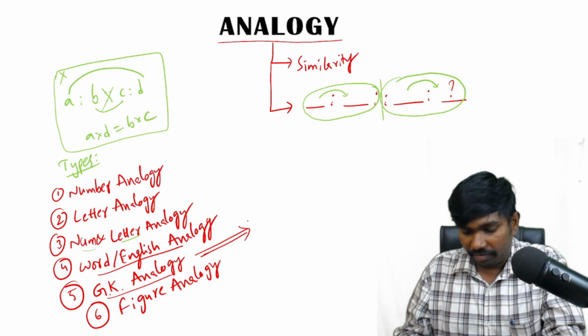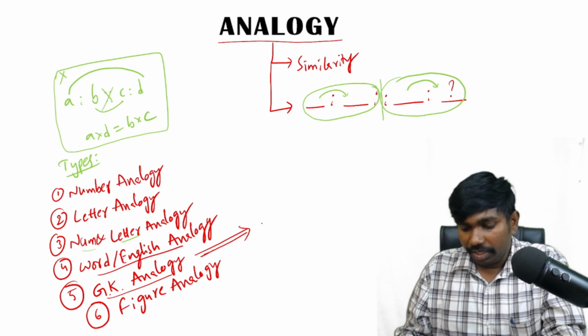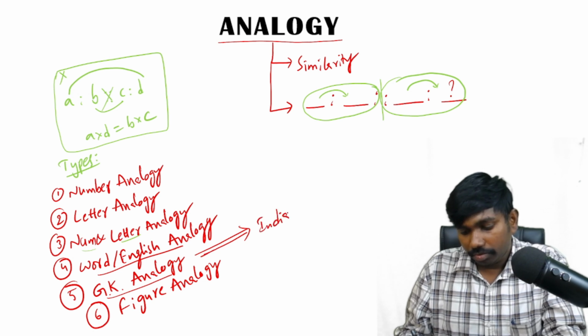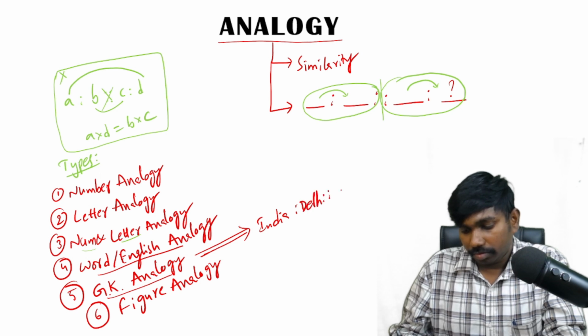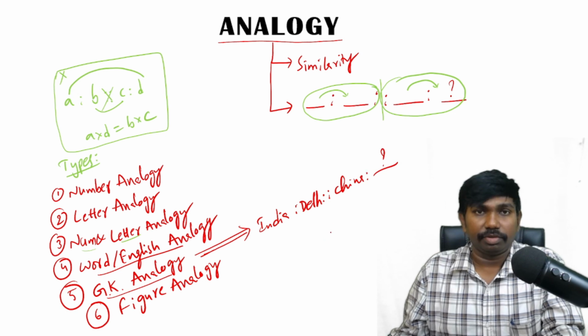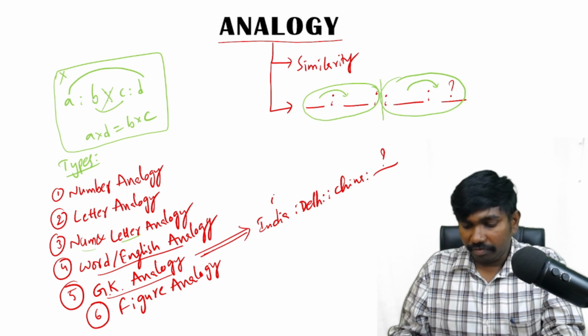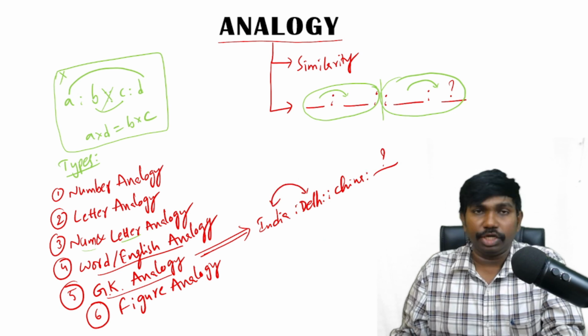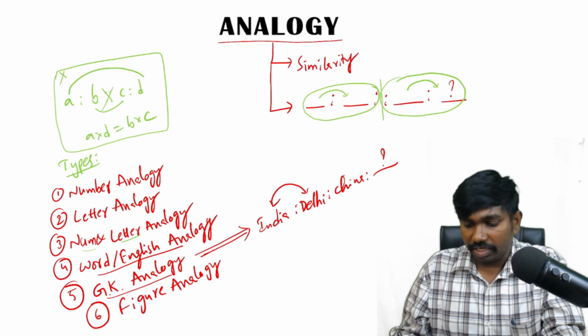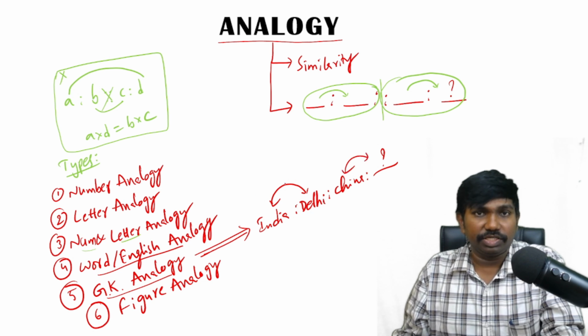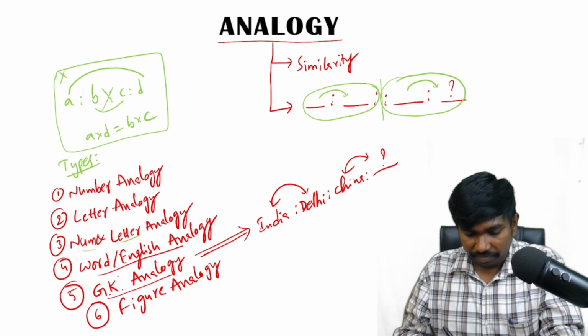It can be from anywhere, just like India, New Delhi, China, and dash, right? So we have to identify what is the relation between these two words, India and Delhi. Then we can answer this one. So for this, instead of logical reasoning knowledge, we need general knowledge only. That's why I have written general knowledge analogy.